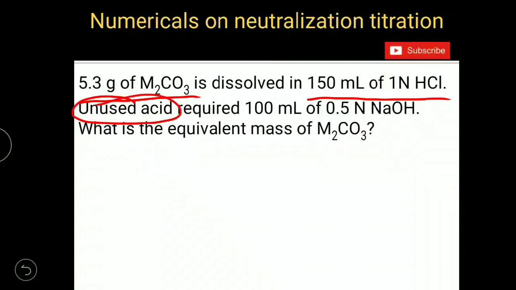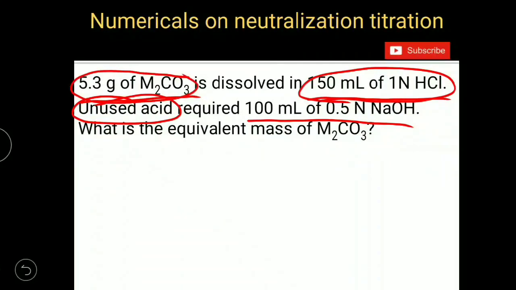This unused acid is titrated against 100 ml of 0.5 normal NaOH for completion of neutralization. It means this acidic solution is neutralized by the metal carbonate and this NaOH solution. So the number of equivalents of this acidic solution must be equal to the sum of the number of gram equivalents of metal carbonate and the number of gram equivalents of sodium hydroxide.